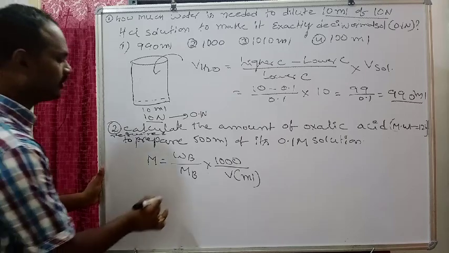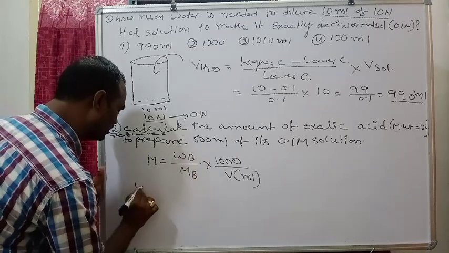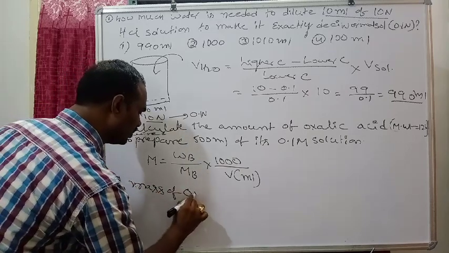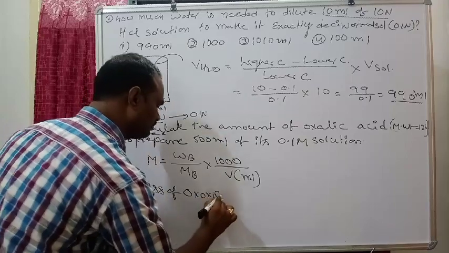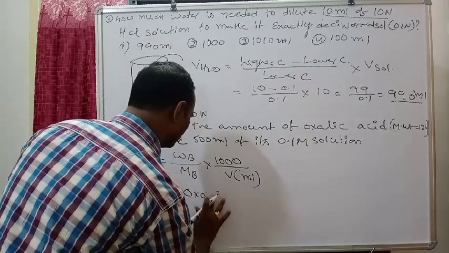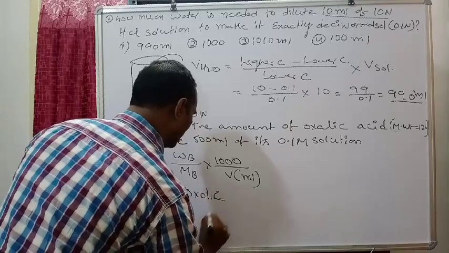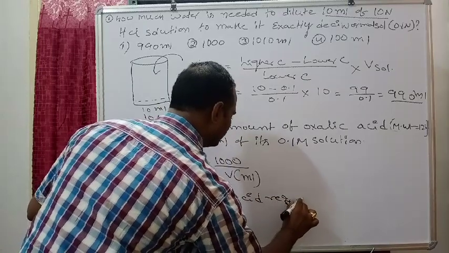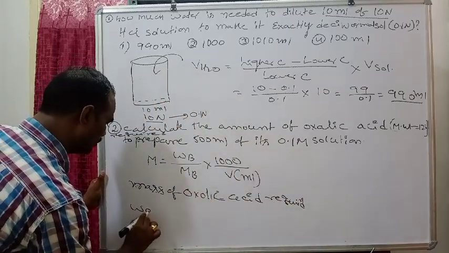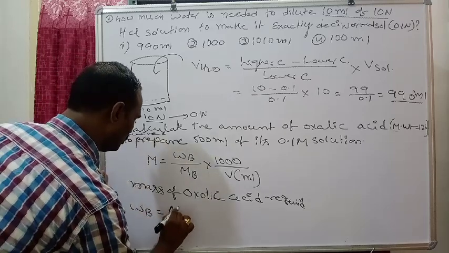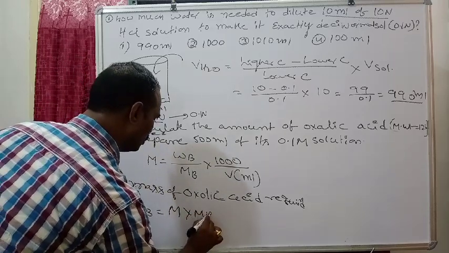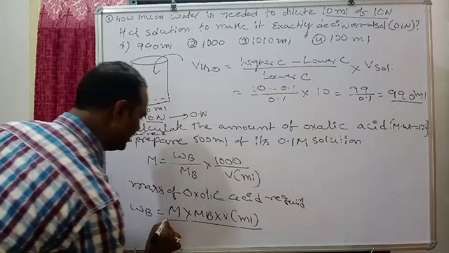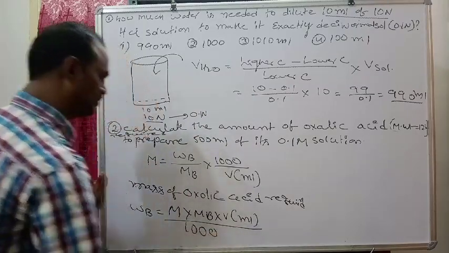Is it clear? Now we are going to calculate the mass of solute. Therefore, the mass of oxalic acid required, WB, is equal to molarity into molar mass into volume in milliliters, all by 1000.